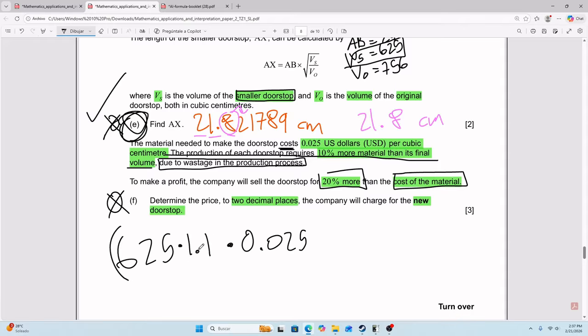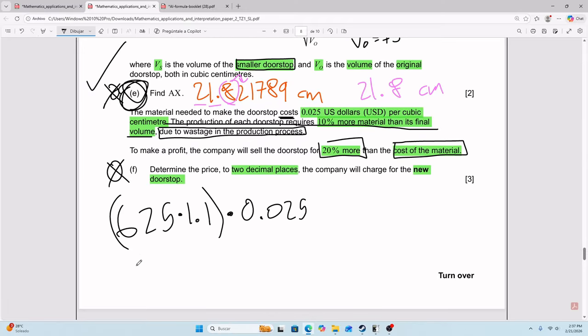So here I'm going to put a parentheses, which, multiplying wise doesn't change anything. But for our mindset, we will think about it as like, this is my final volume and it has to be 10% more. And so this is basically how much volume you end up needing. And per cubic centimeter, it will cost me 0.025. And so that is like the first sort of big step. This is the cost of my material, ¿cierto?